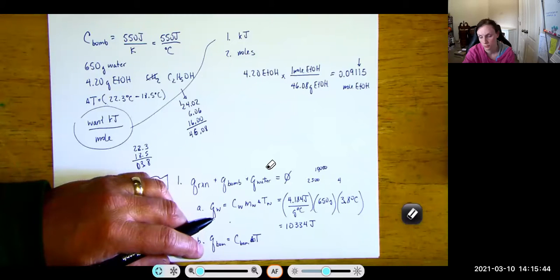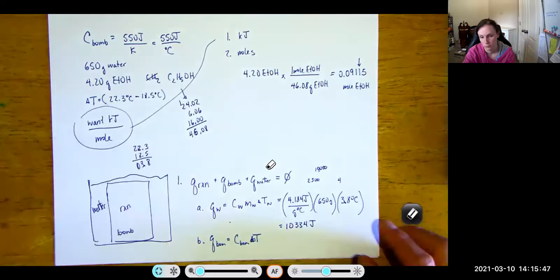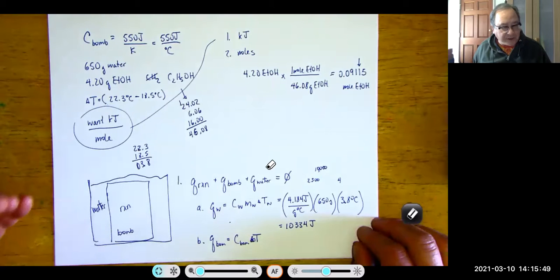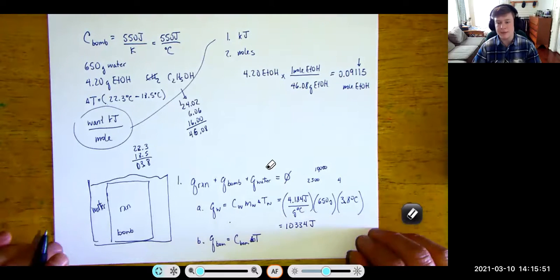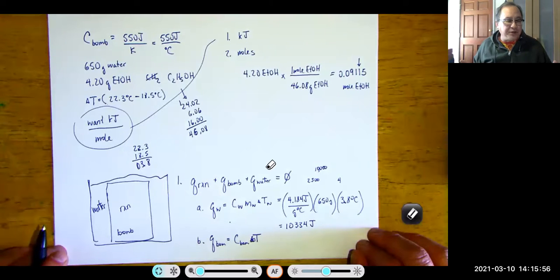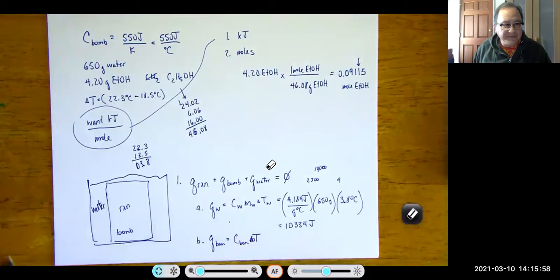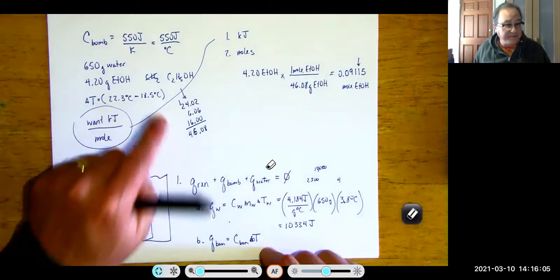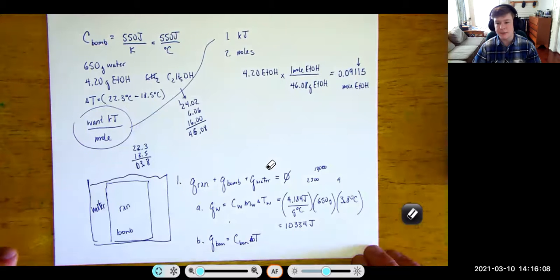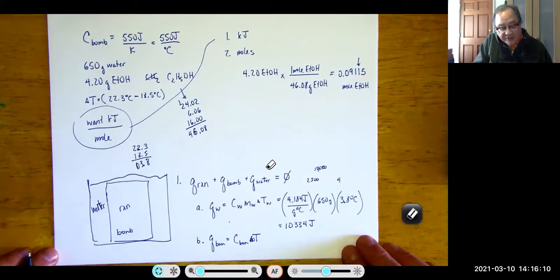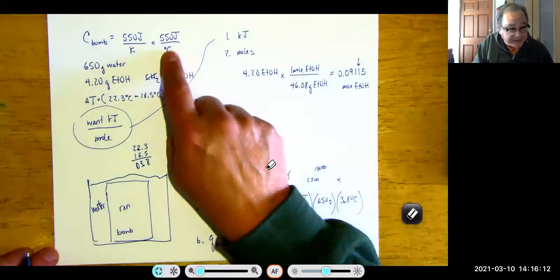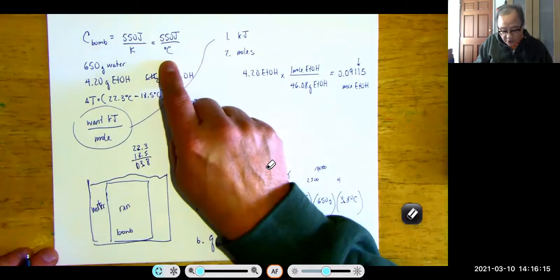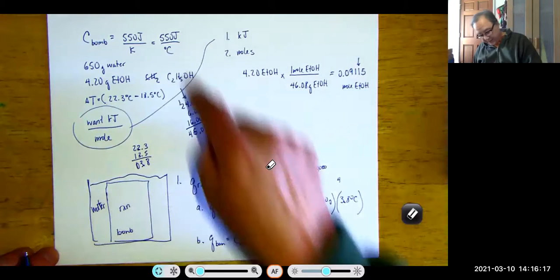No, so let's not multiply by mass. Do we want to multiply by a temperature? Yes, that would make the degree Celsius cancel. What temperature should we multiply by: 22.3, 18.5, or the change in temperature? It's the change, because this is how much energy per 1 degree Celsius. So how much per 3.8? Well, we do this.